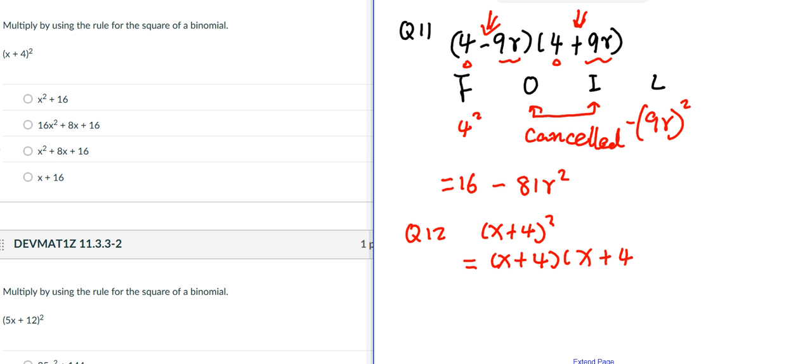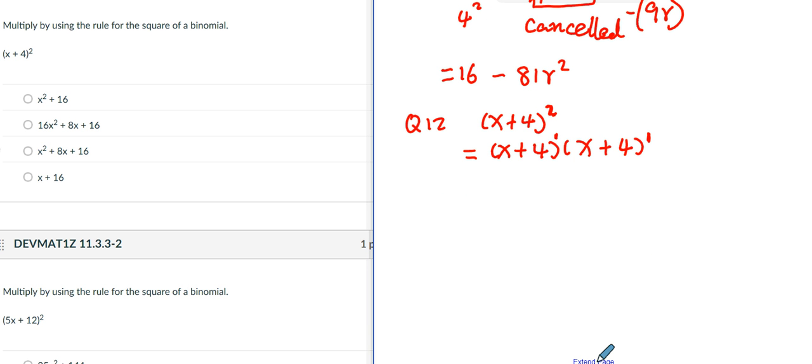That means squared, because when you multiply, you add exponents together. If you do FOIL method, x times x, x squared, 4 times 4, 4 squared.